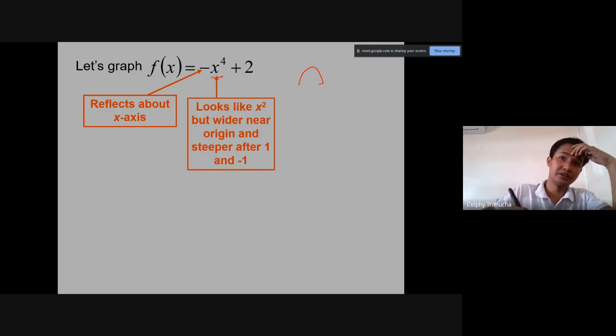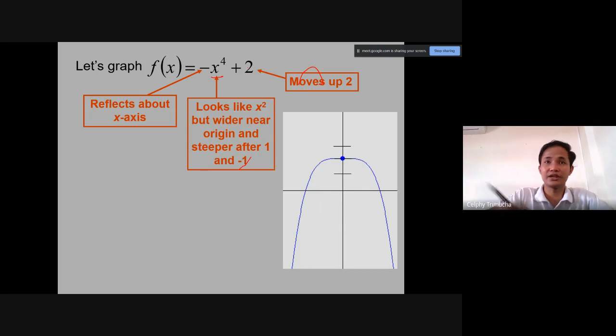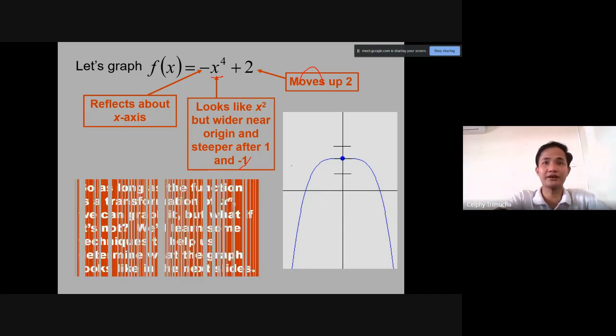So ang aton nga boundary will be halin sa negative 1 kag positive 1. So medyo kapalapit da ang aton nga x raised to 4. Then, we have positive 2. This one, amo ni ang ma-change ng aton nga value. So we have to adjust. So it moves upward. Halin kita sa aton nga origin, mapasaka kita, moves upward by 2. So that means, amo ni ang itsura sa aton nga graph.